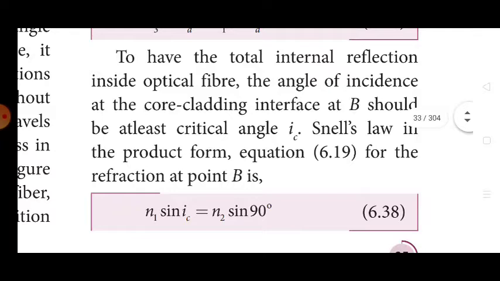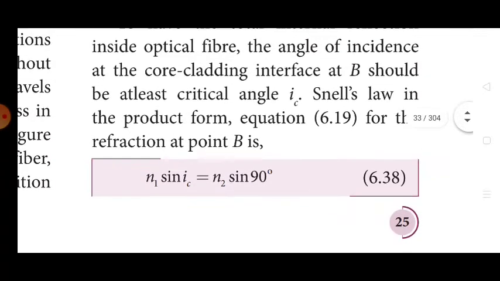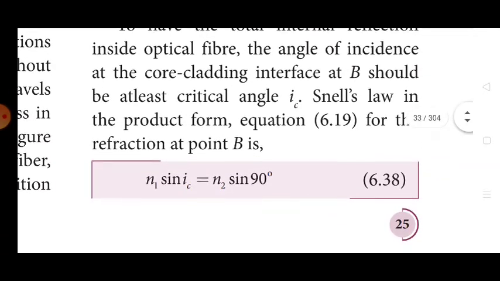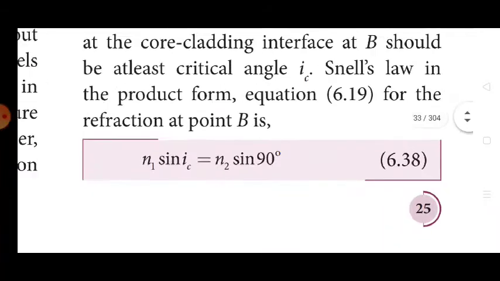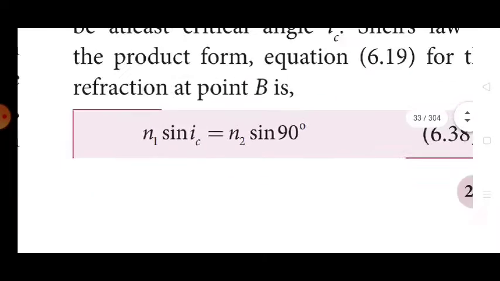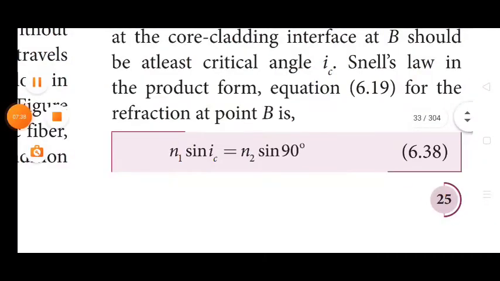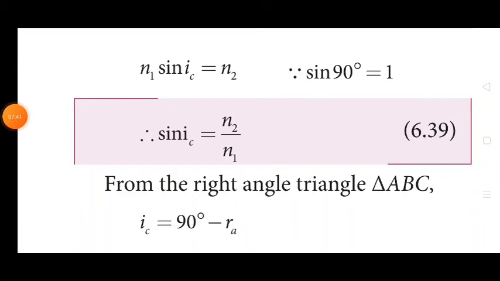Snell's law for the refraction at point B is N1 sin IC is equal to N2 sin 90 degree. Therefore, since sin 90 degree is equal to 1, sin IC is equal to N2 by N1.